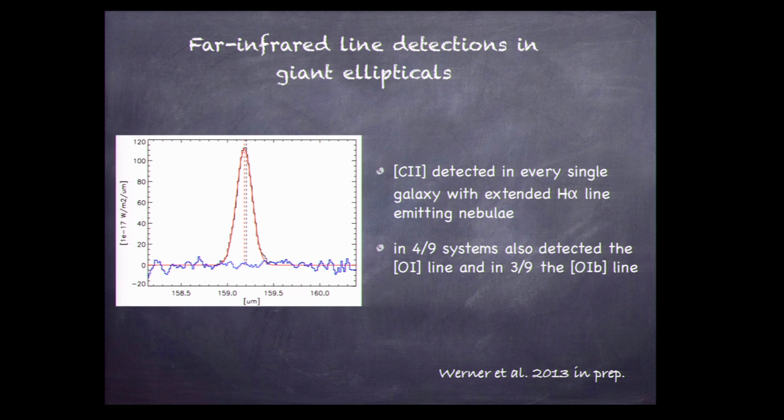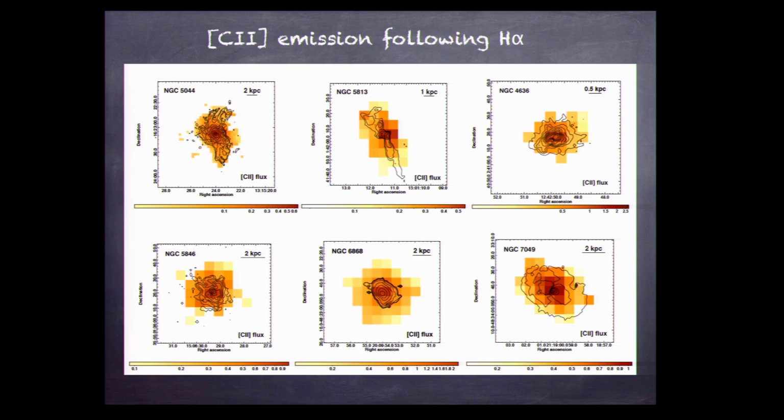So in every single galaxy which has extended H alpha nebulae, we detected C2 gas. And we detected really booming C2 line, very strong. In 4 out of 9 systems, we also detected O1 lines, and about half of the systems also the O1b line. And with Herschel, we were able to also map the spatial distribution of this cold 100 Kelvin gas.